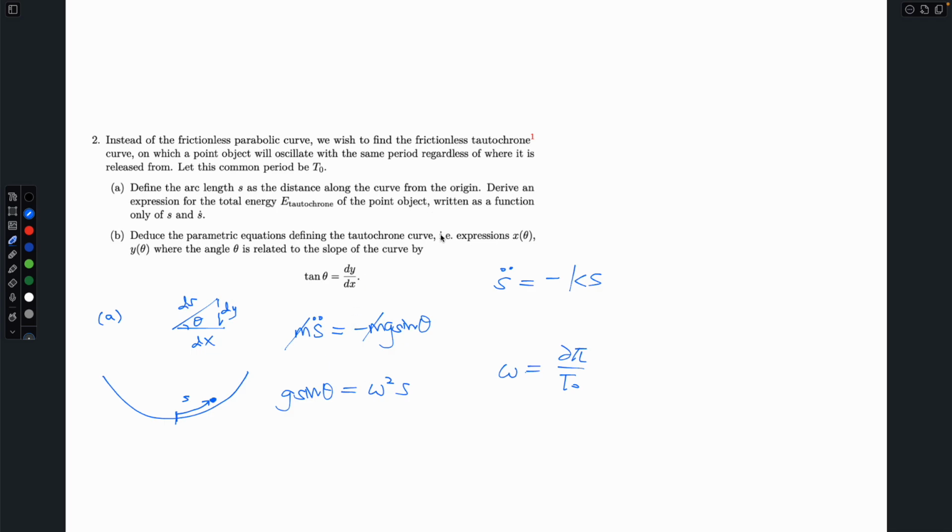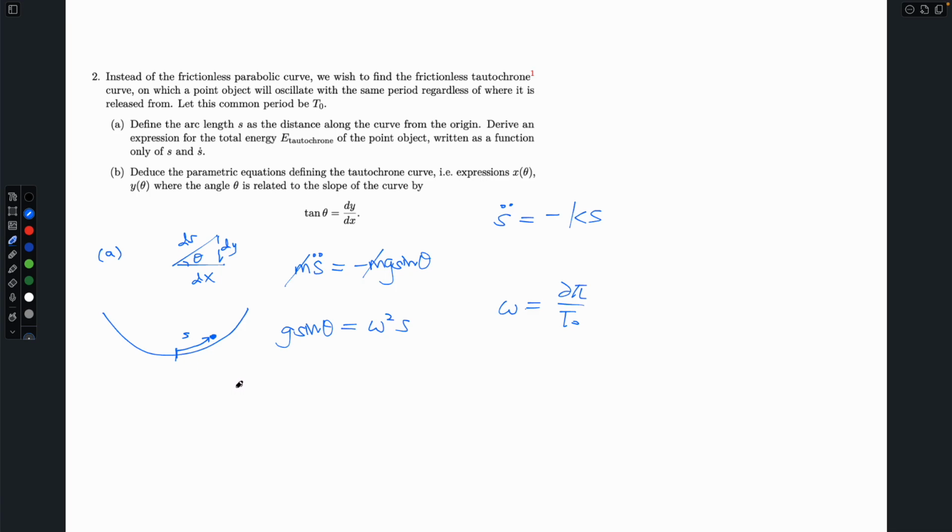If that is okay, then the next part is you just solve this differential equation, basically. Not, wait, sorry, you don't solve the differential equation yet. You use the fact that dy over ds is equals to sine theta. And then you can get y as a function of s.